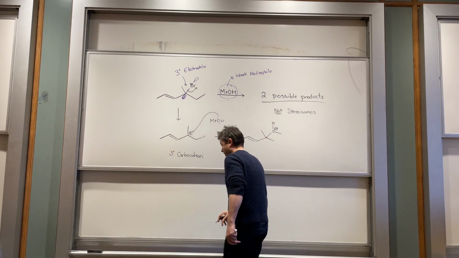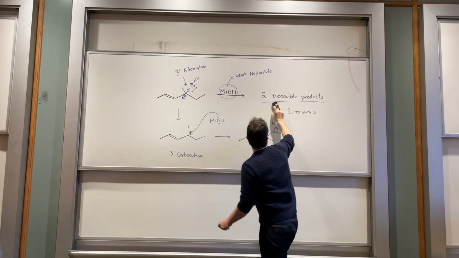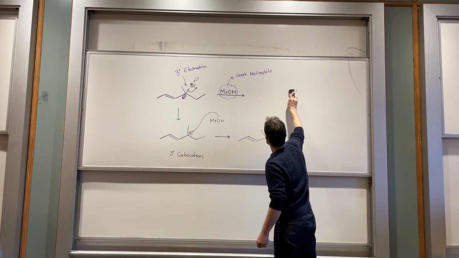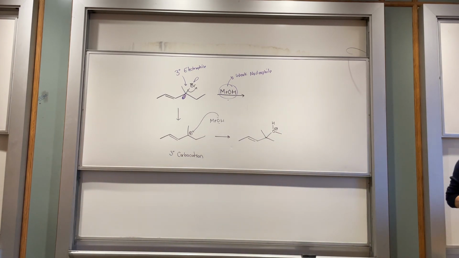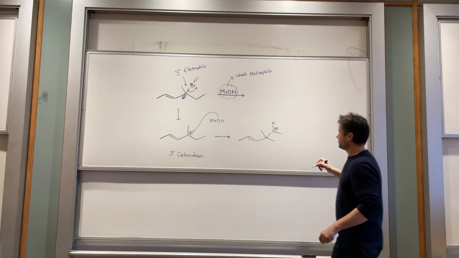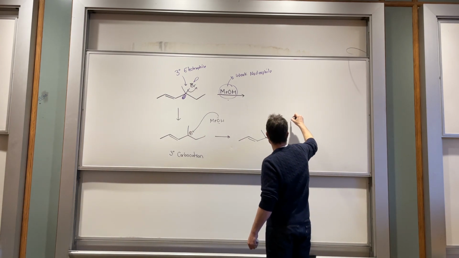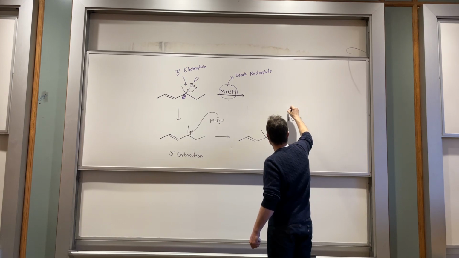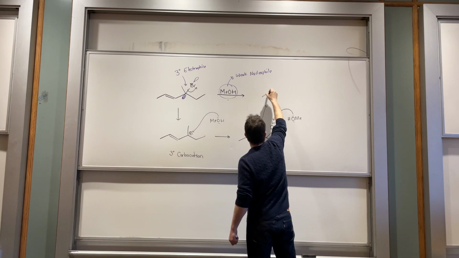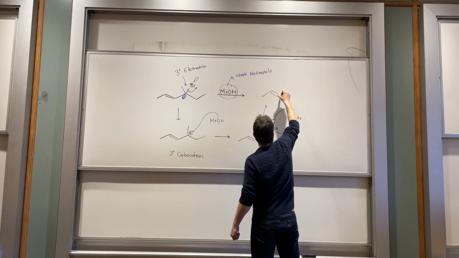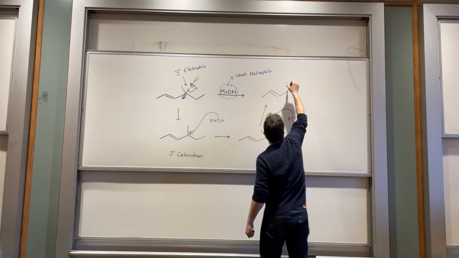That creates a positively charged intermediate, with positive charge on oxygen, and then the last step to get us to a stable product. Great. Okay, so we can use another molecule of methanol to pull the proton off of oxygen, and that gets us to one of our two products.